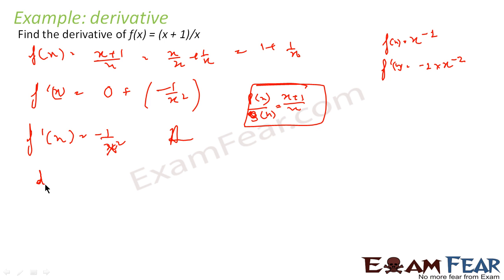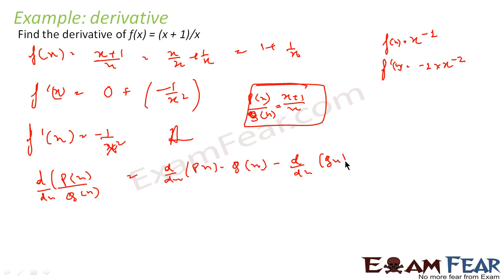Let's try this. So if you see that d by dx of px by qx, that is nothing but d by dx of px into qx minus d by dx of qx into px, by qx square. Right?